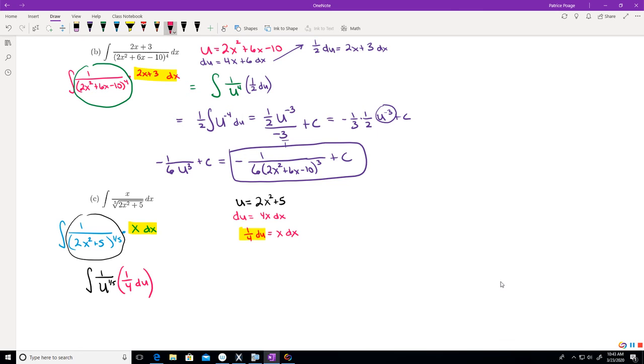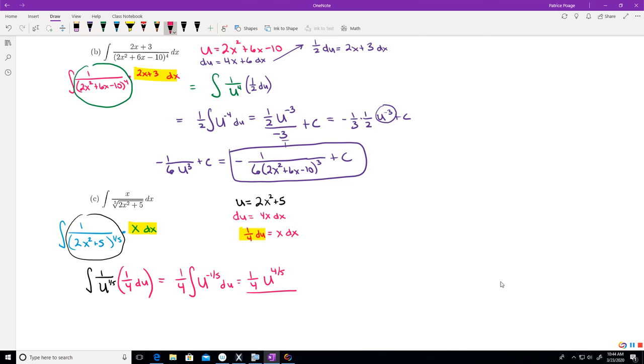As soon as you get all of your x terms replaced with all of your u terms, you can then pull out any numbers you might have. I'm going to pull my u up to the top and make it -1/5. Then I can integrate. So I have 1/4 u, -1/5 plus 1. If you need to use your calculator, do so. But -1/5 plus 1 becomes 4/5.